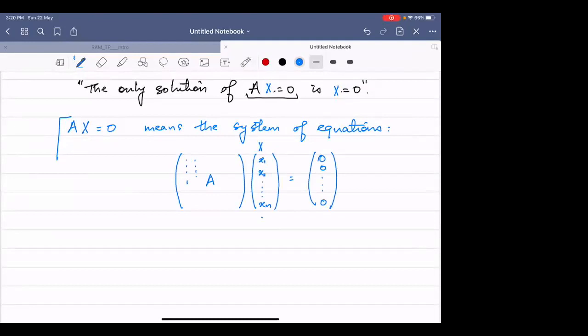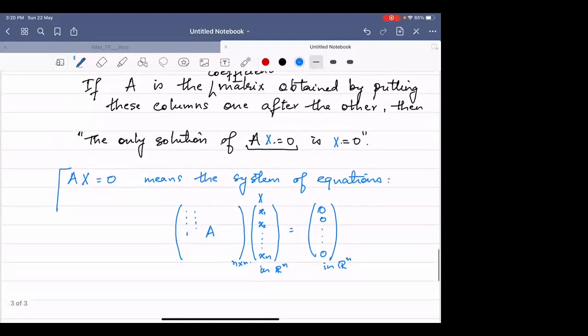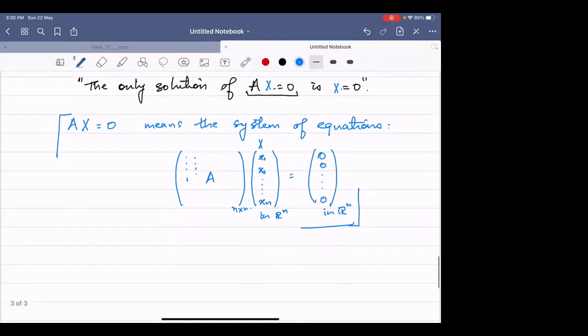This is the 0 vector in Rn. And this is my n cross n coefficient matrix. Don't worry if this seems a bit difficult. We will do a concrete example, then things will be clear. I'm just trying to explain my notation here. So let's quickly do one concrete example, and then come back to the general things.